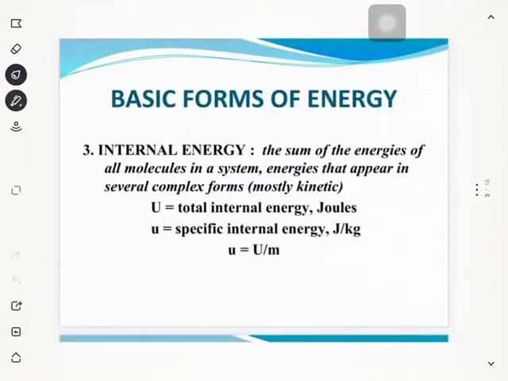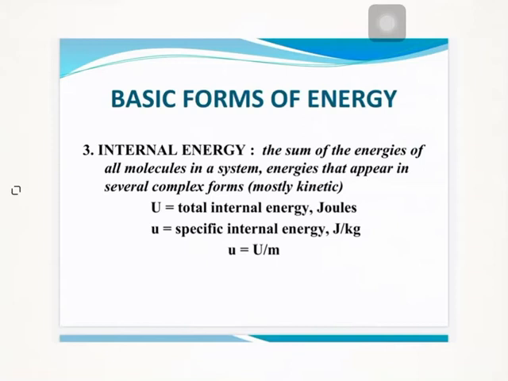So we proceed to the third basic form of energy, which is the internal energy. By definition, this is the sum of the energies of all molecules in a system, energies that appear in several complex forms, mostly kinetic.